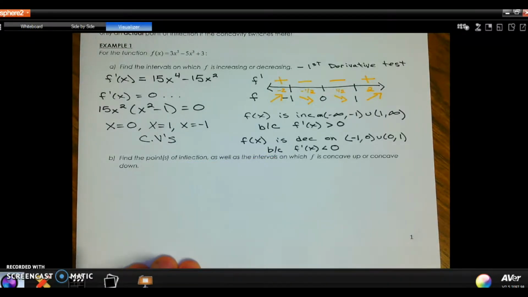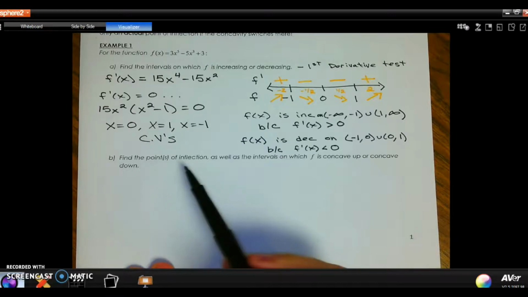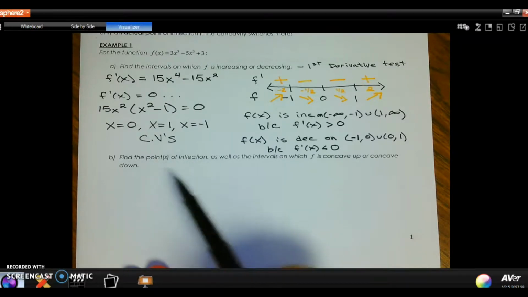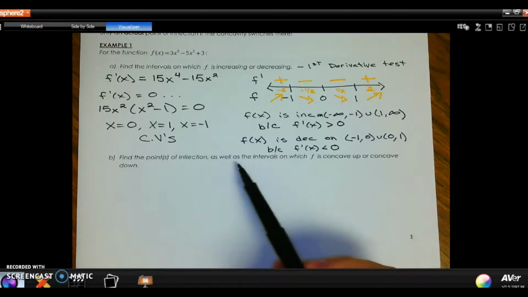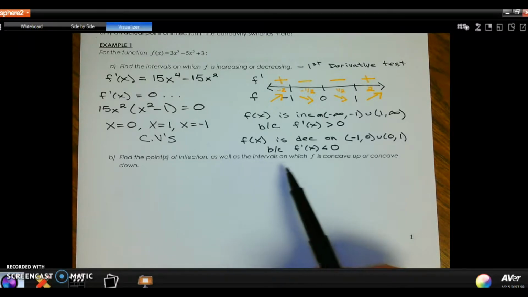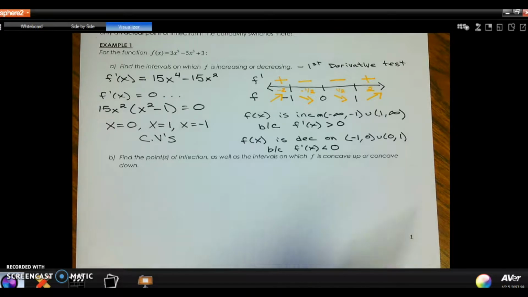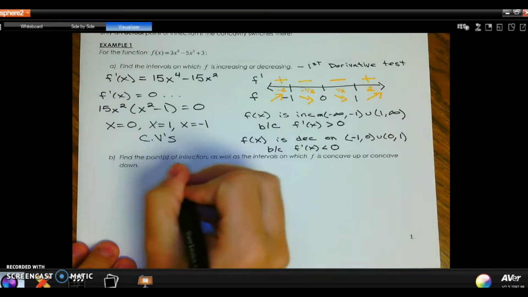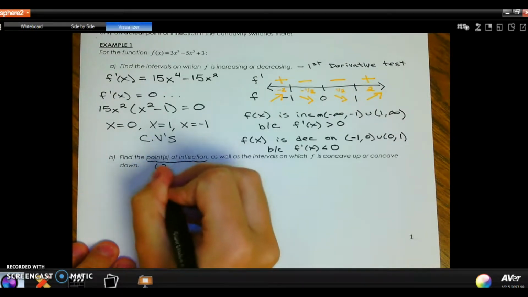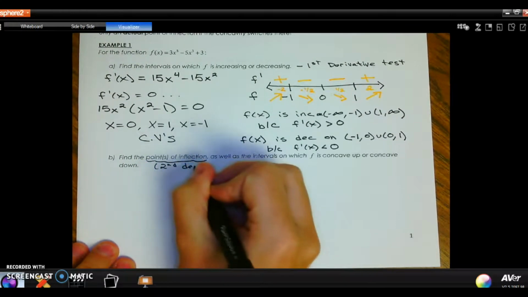So that's what we use it for. It says, find the points of inflection, and again, that means where it changes concavity, as well as the intervals on which the original is concave up or concave down. So we had a little review on what it means to be concave up or concave down. And whenever I see this, you should be thinking second derivative test.